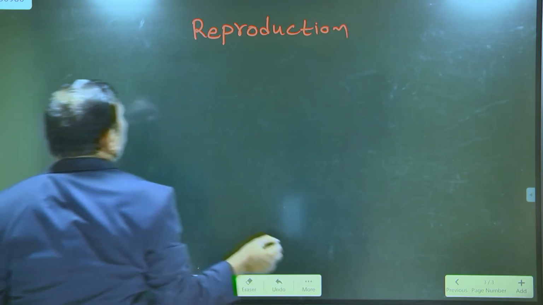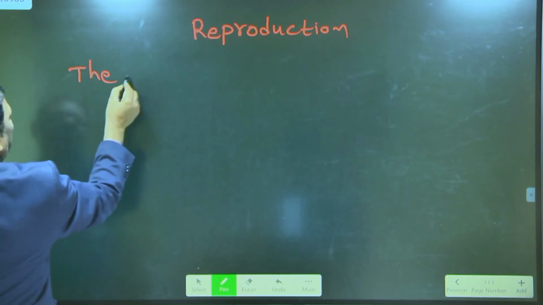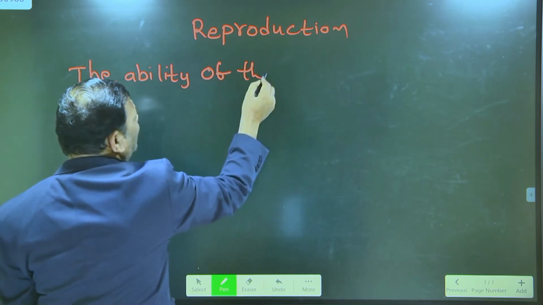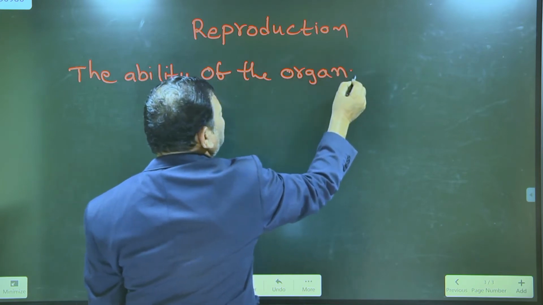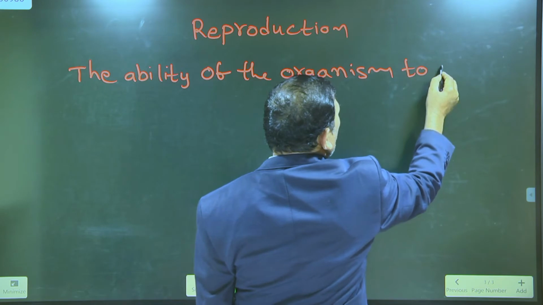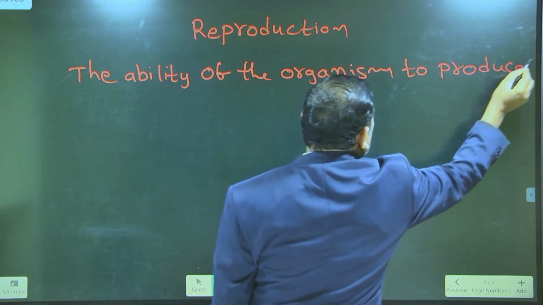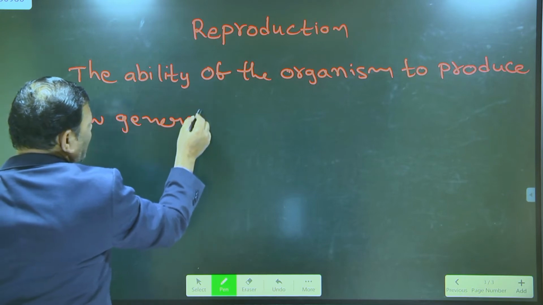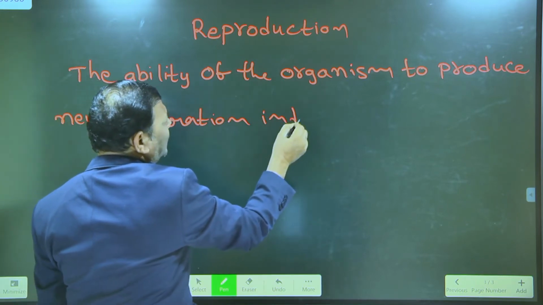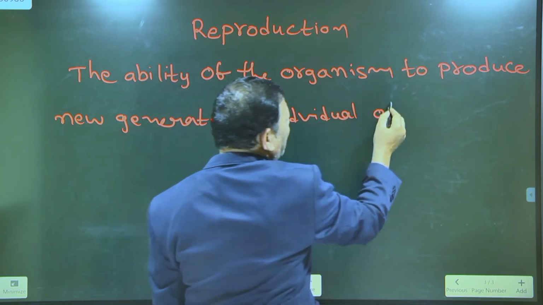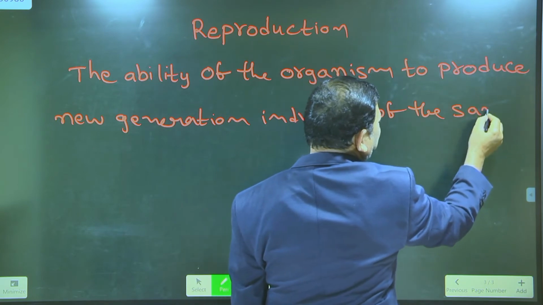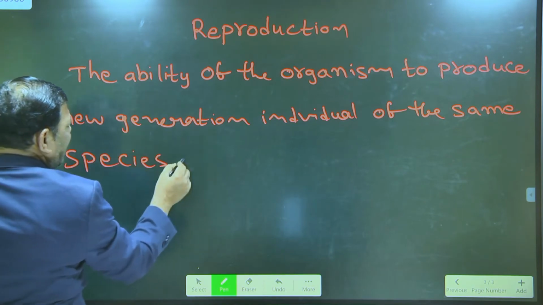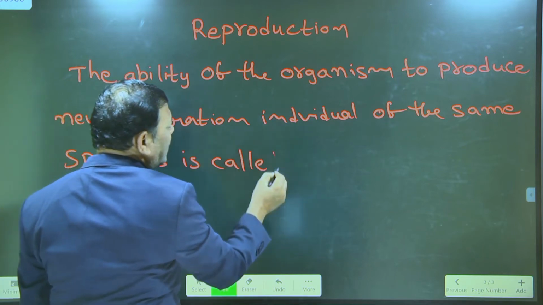What is the definition of reproduction? Reproduction definition: the ability of the organism to produce a new generation of individuals of the same species is called reproduction.